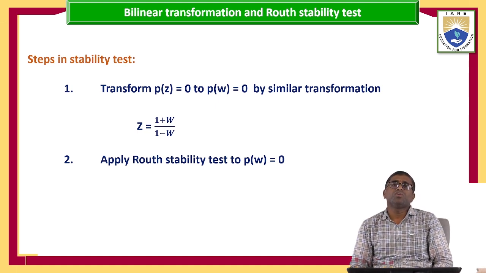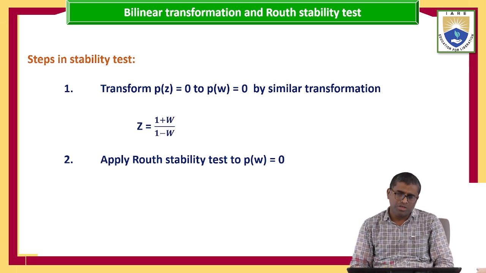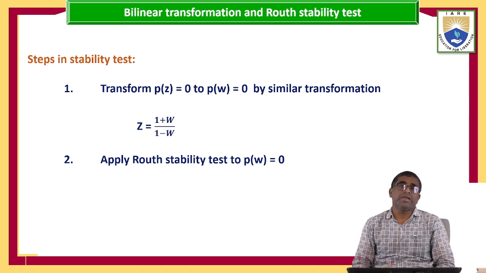After that, you have to apply the RH stability criteria test for P of omega equal to 0. We already saw in the control systems subject how to apply the RH criteria to any characteristic equation: identify the rows and the conditions.